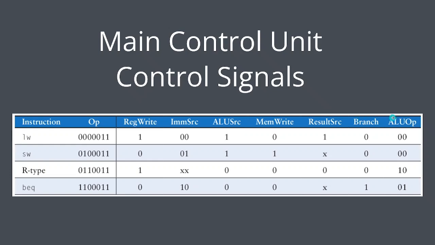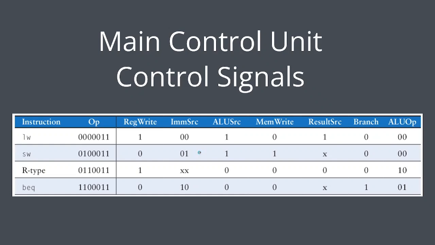Finally, there's ALUOp. This signal specifies which operation the ALU should perform. It provides information about the type of arithmetic or logical operation needed, guiding the ALU in executing instructions such as addition, subtraction, or bitwise operations.